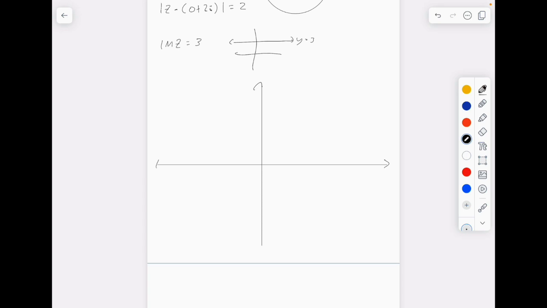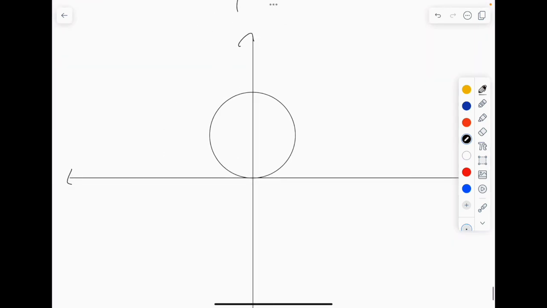Of course, the locus is going to be the line connecting them. So we've got a circle, and 2 in the center here, 3, 4.